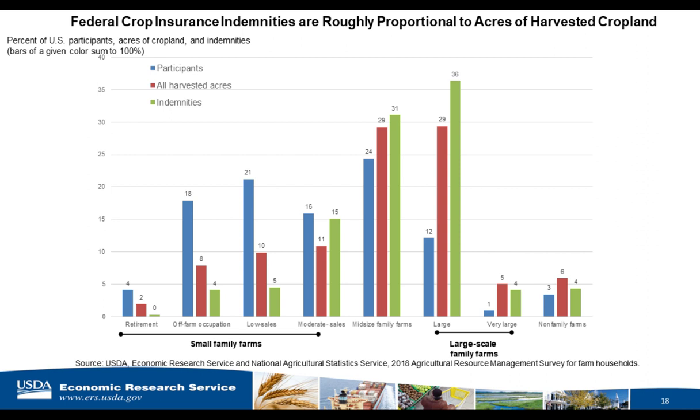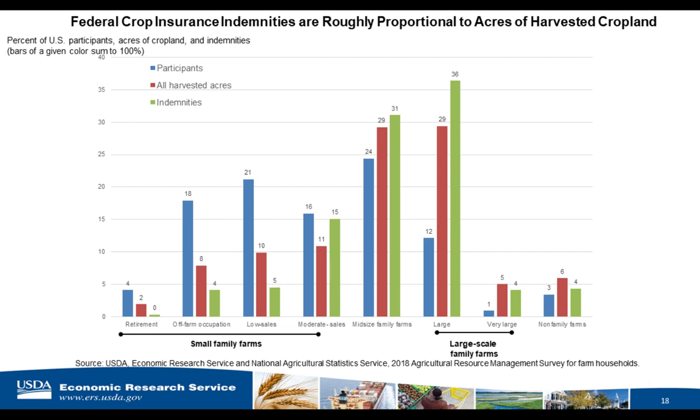What is striking is 67% of indemnities are received by mid-sized and large family farms in 2018. This reflects the high participation rates of these farms. 2/3 of mid-sized and 3/4 of large farms participate in these federal crop insurance programs, as well as the types of commodities produced.